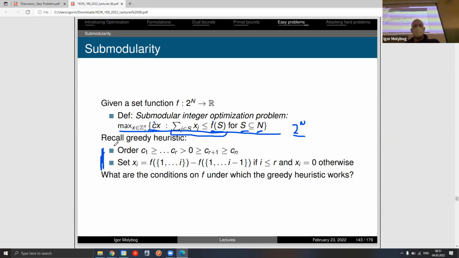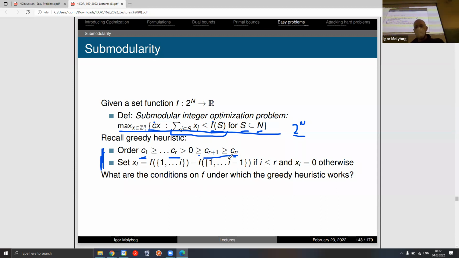Let's take a look at this greedy heuristic. In this greedy heuristic, we are reordering the variables so that the coefficients c go from the largest to the smallest, and there is a coefficient cr, after the rth variable, the other variables correspond to negative coefficients.